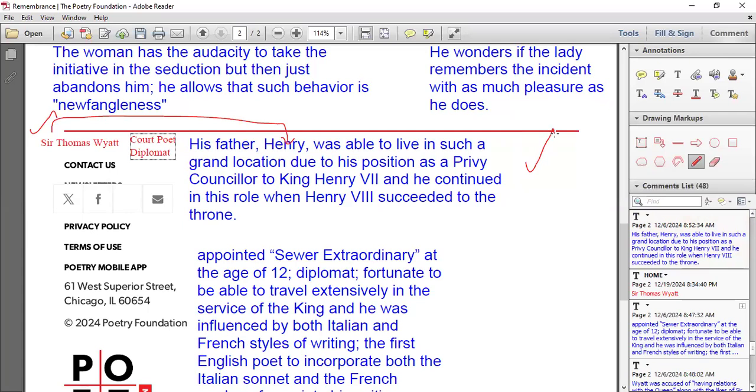A privy council member is a man who gives very personal and confidential advice. Such a powerful post was held by Sir Thomas Wyatt's father, and he continued to hold the same position when Henry VIII became the king.